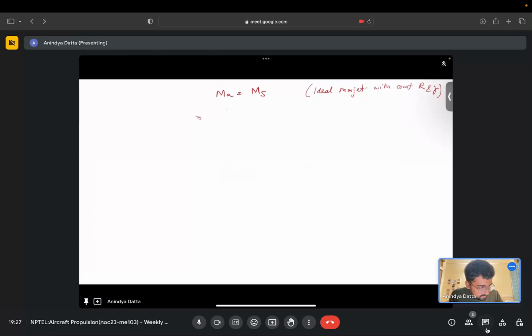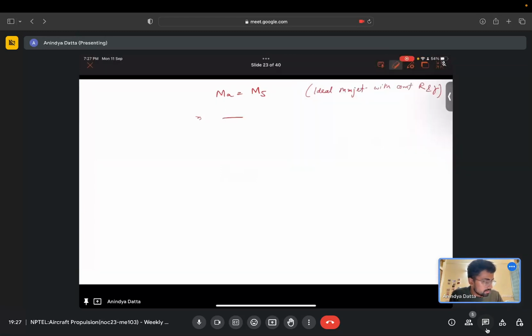So this is the inlet velocity UA by AA, the aircraft speed divided by the local speed of sound, equal to the exit velocity U5 divided by A5. So you will get U5 is equal to UA times A5 by AA.